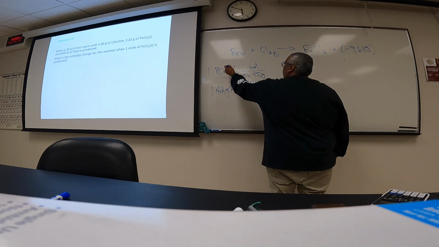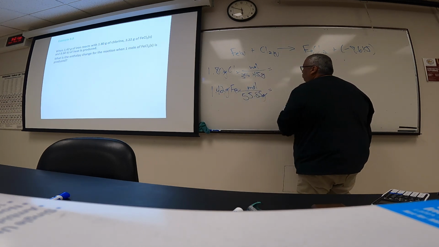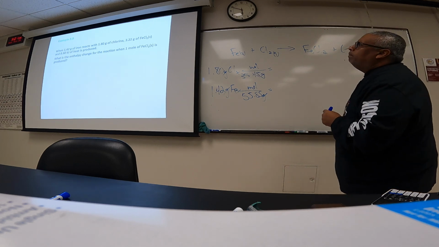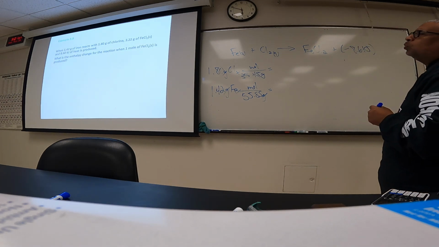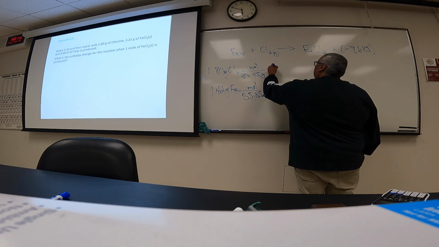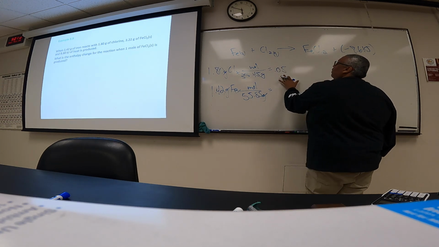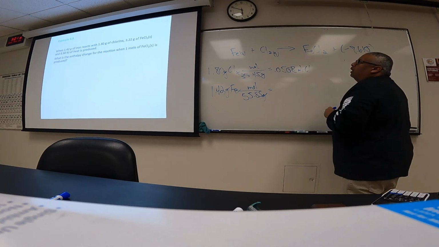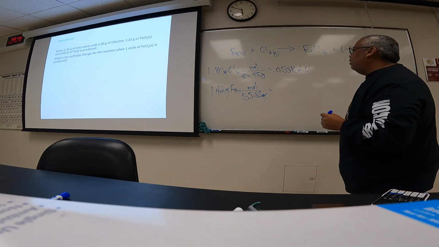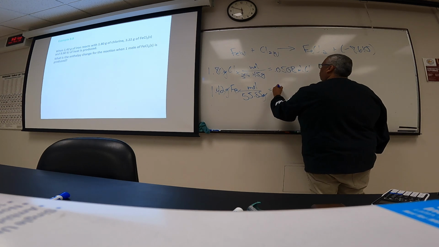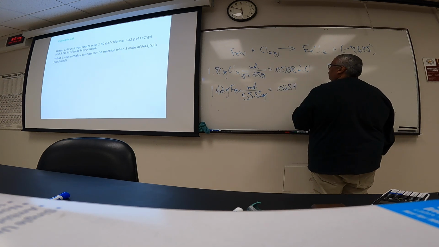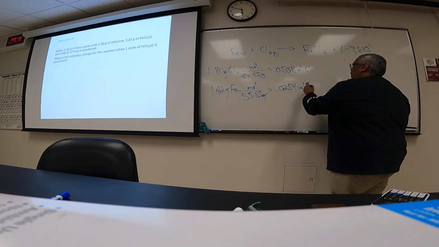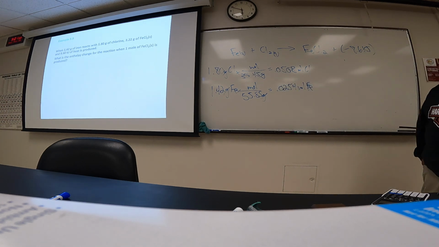Grams cancel out. So how many moles of chlorine are we going to have here? 0.0508 moles of chlorine. And how many moles of iron? 0.0254 moles of iron.